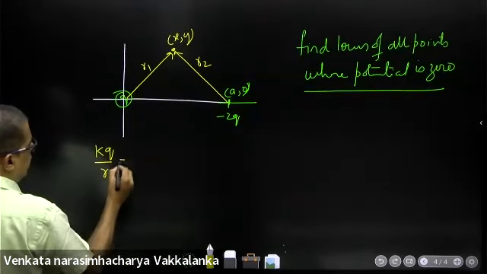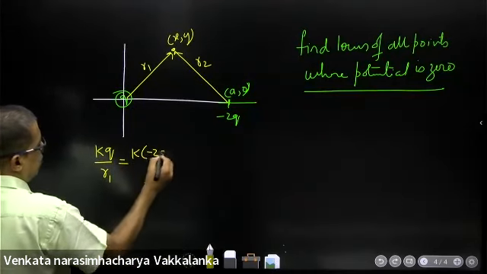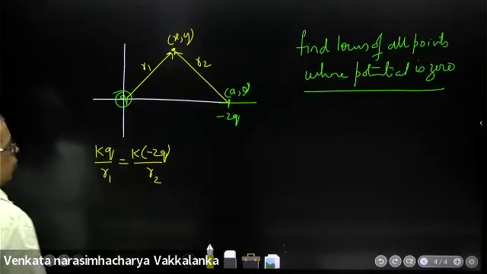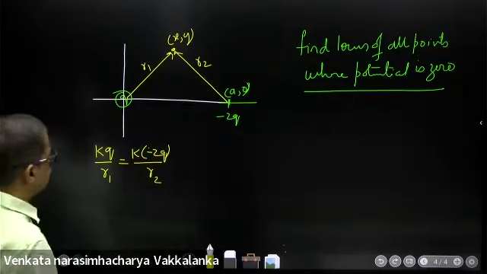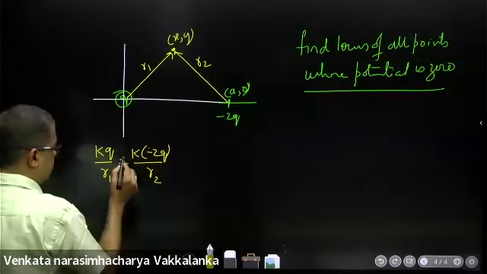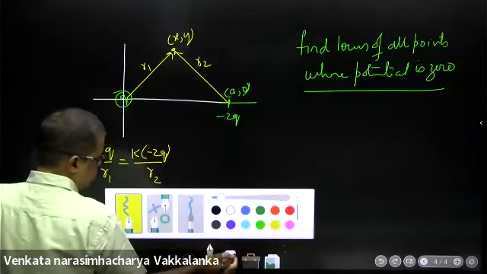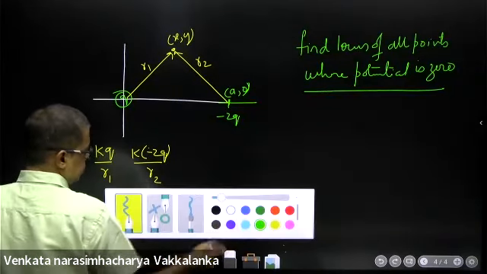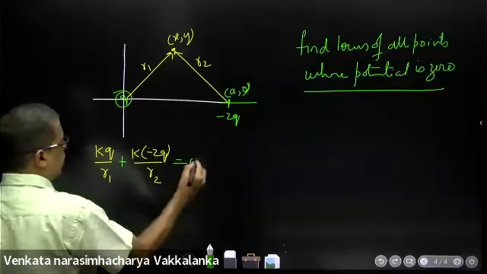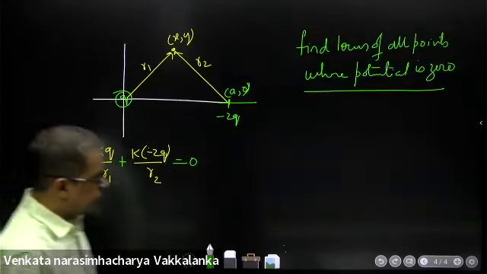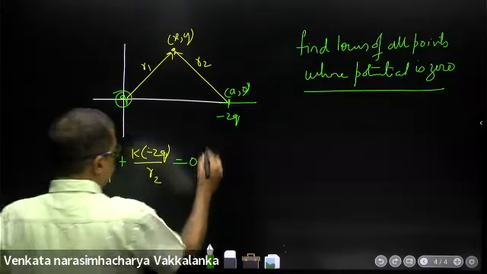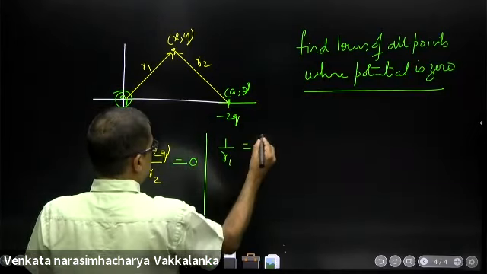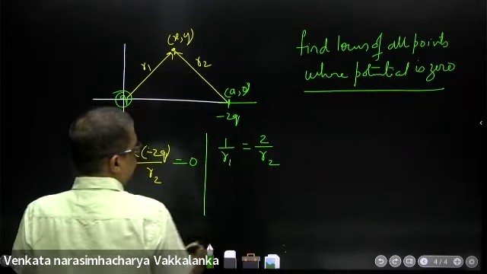KQ by R1 plus K minus 2Q by R2 should be equal to 0. So from here, what do I get? 1 by R1 is equal to 2 by R2.